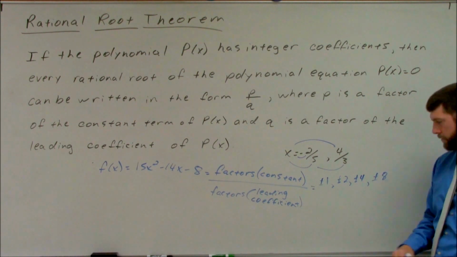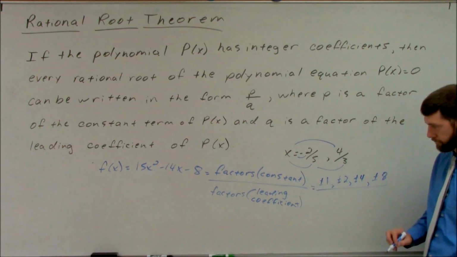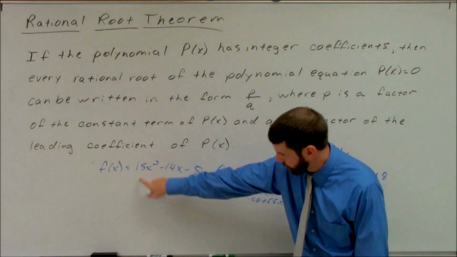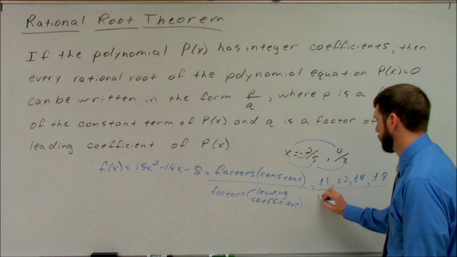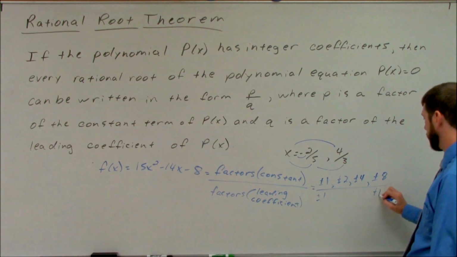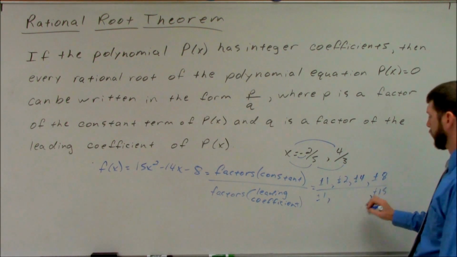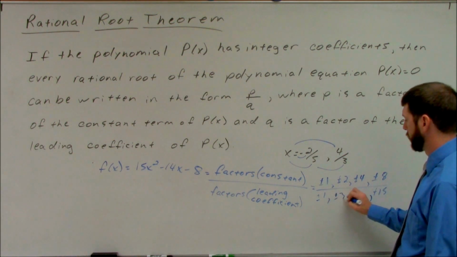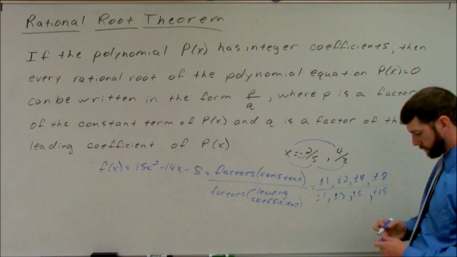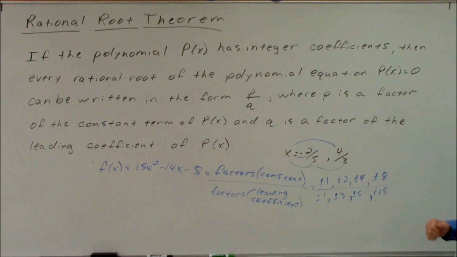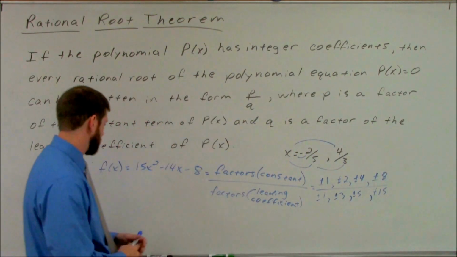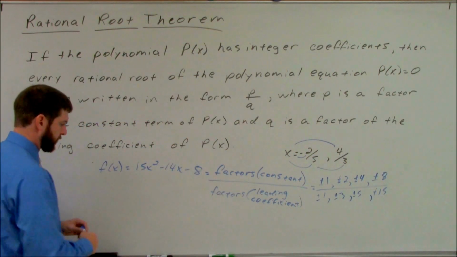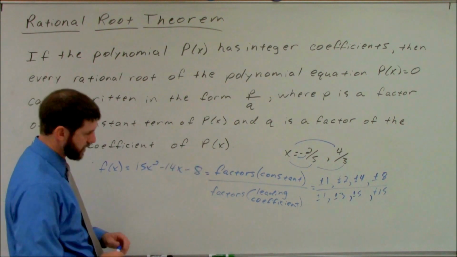So that's all the factors of negative 8, divided by factors of our leading coefficient. So 15 could be 1 and 15, or 3 and 5. So these are the factors of our constant divided by the factors of our leading coefficient. And we would then create a list of possible roots by pairing those up one at a time.